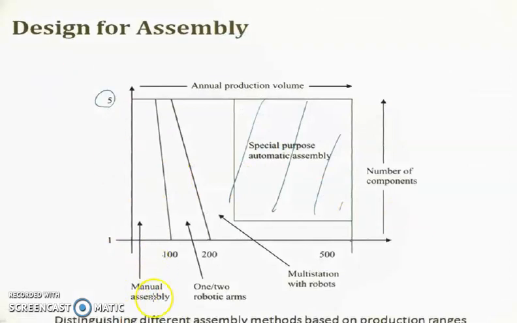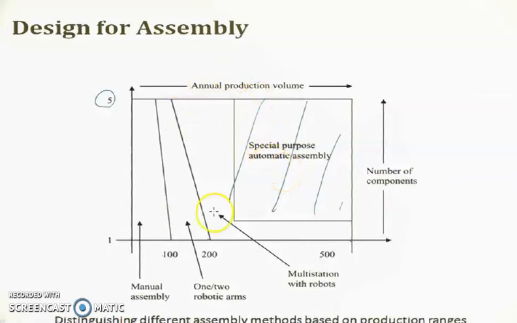These are the terms for manual assembly: one or two robotic arms, multi-station with robots, and special purpose automatic assembly. If you are considering the number of components and annual production volume, if your production volume is very high and the number of components is also very high, then you should go with special purpose automatic assembly.